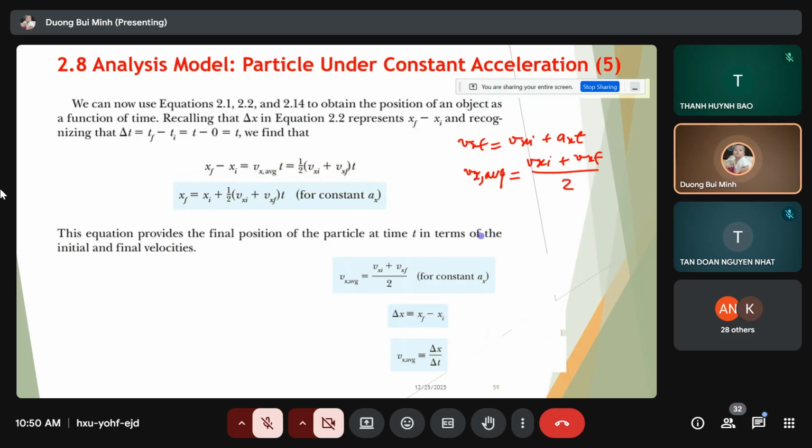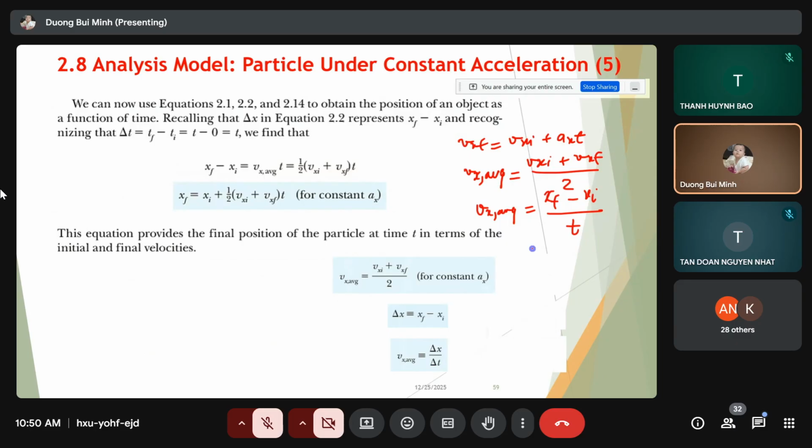We have two equations, and Vx average is also xf minus xi divided by t.